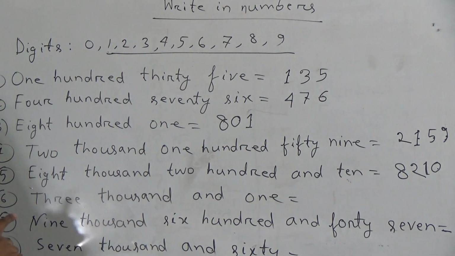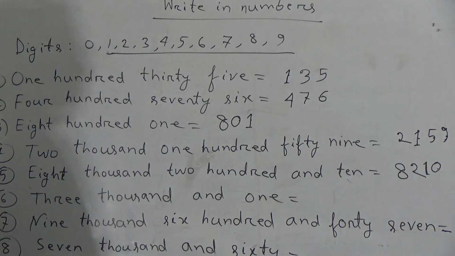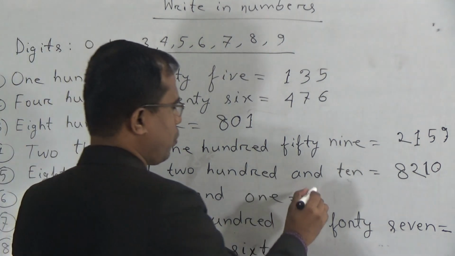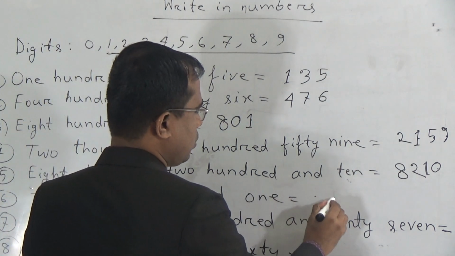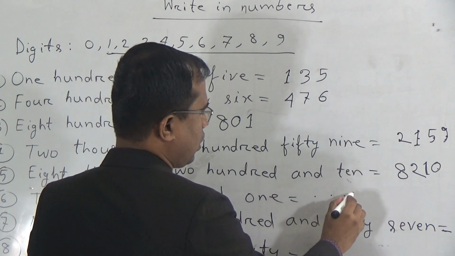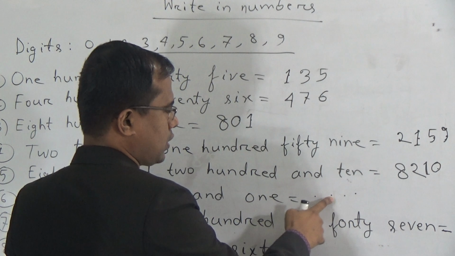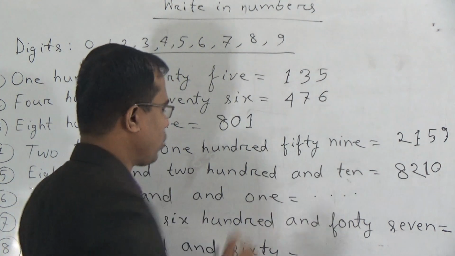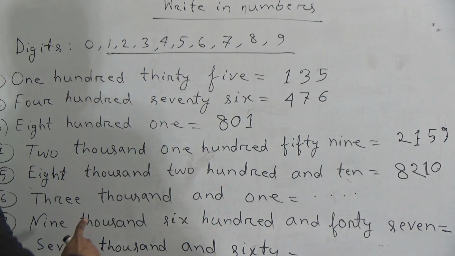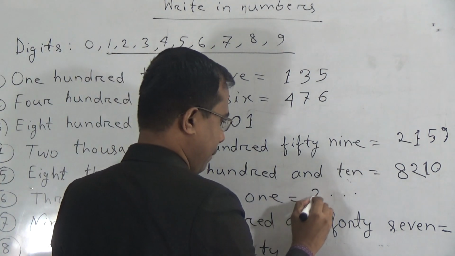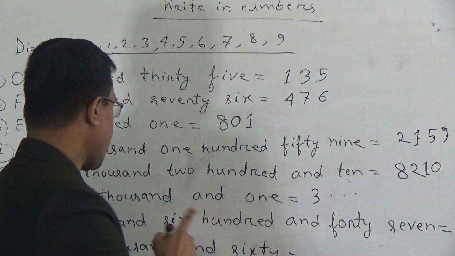Now number 6 is 3010. Here the highest place is thousands place, so we have to take 4 places. 1, 2, 3 and 4. This is for thousands place, this is hundreds place, this is tens place and this is ones place. Now in thousands place we have to write 3. 3000 and 1.